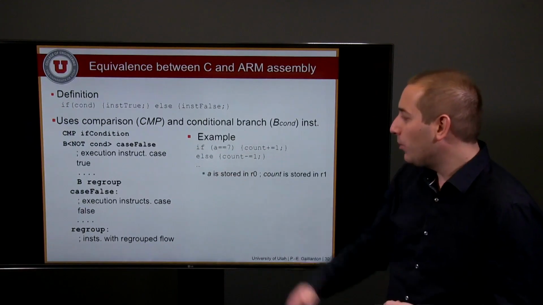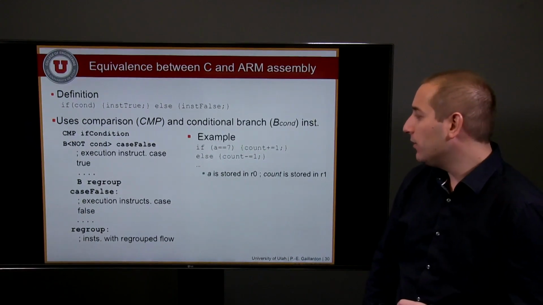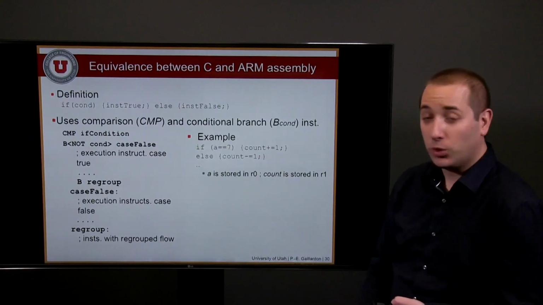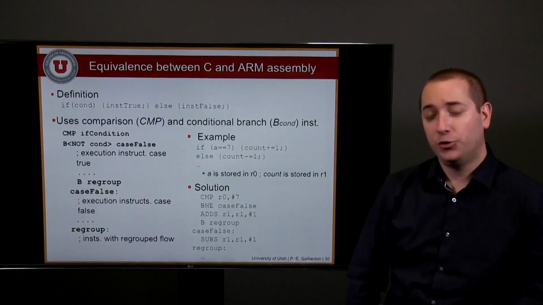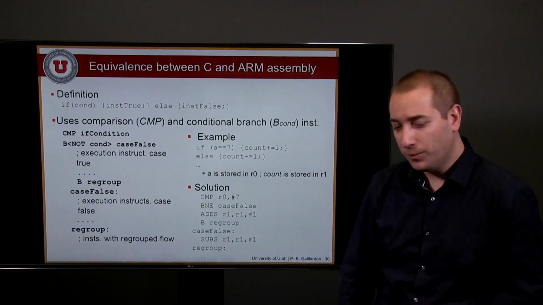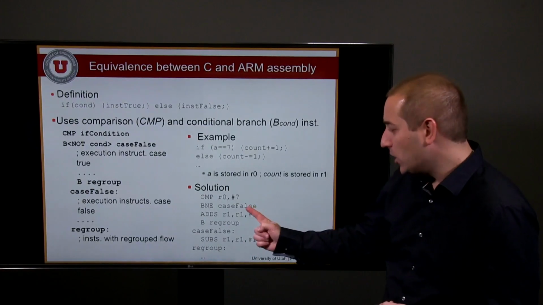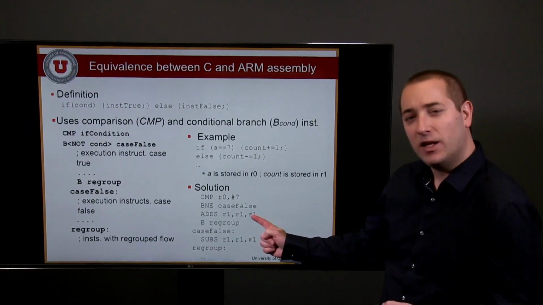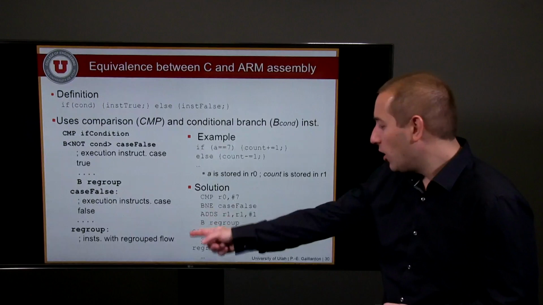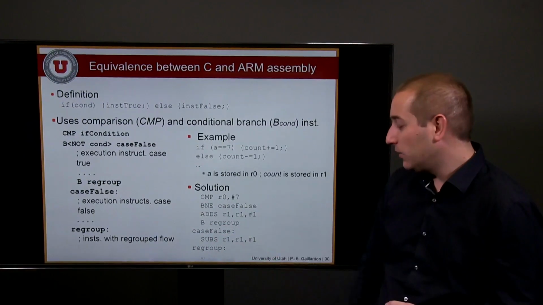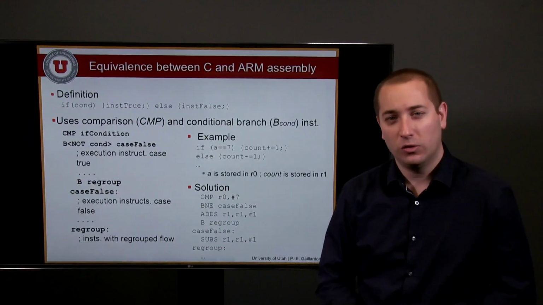In this example code, if A is equal to 7, I just increment a counter, otherwise I decrement it. If I was to write it in assembler, I would end up with my first comparison followed by my branch, an addition that is conditional, jumping over the false case. The false case will be the subtraction, which is conditional as well, and so on and so forth.